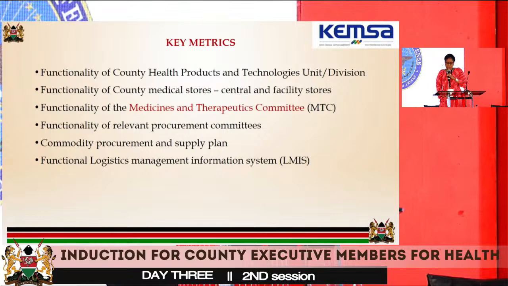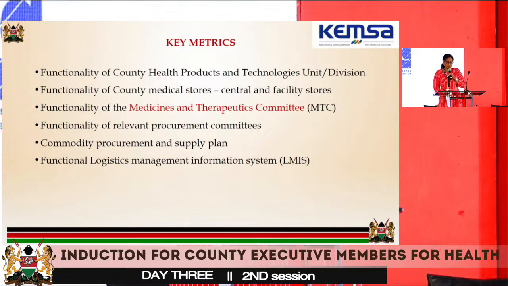They are not able to provide real-time consumption data to help with quantification. I mentioned earlier that Mandera and Turkana, we are not able to do last mile because of security challenges.